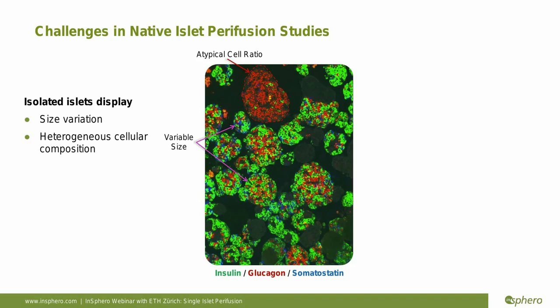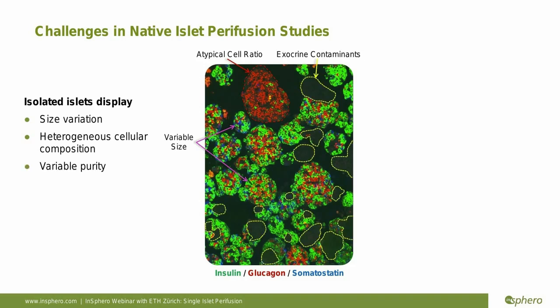Heterogeneity in islet composition is generally more apparent in higher mammals such as humans. Also, they can present variable purity. This is obviously not an inherent property of an islet, but it happens after isolation. And it could be that some islets are more pure than others, and some islets may have exocrine fractions that are inside the islets themselves.